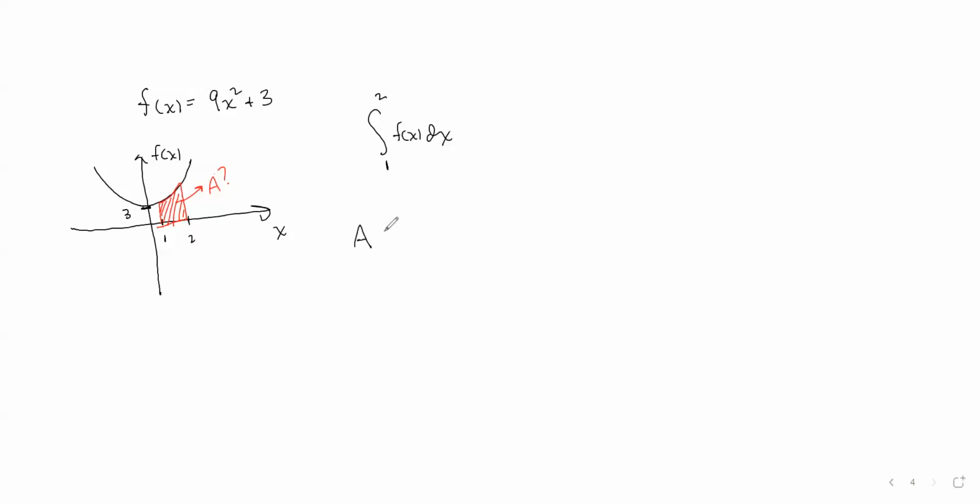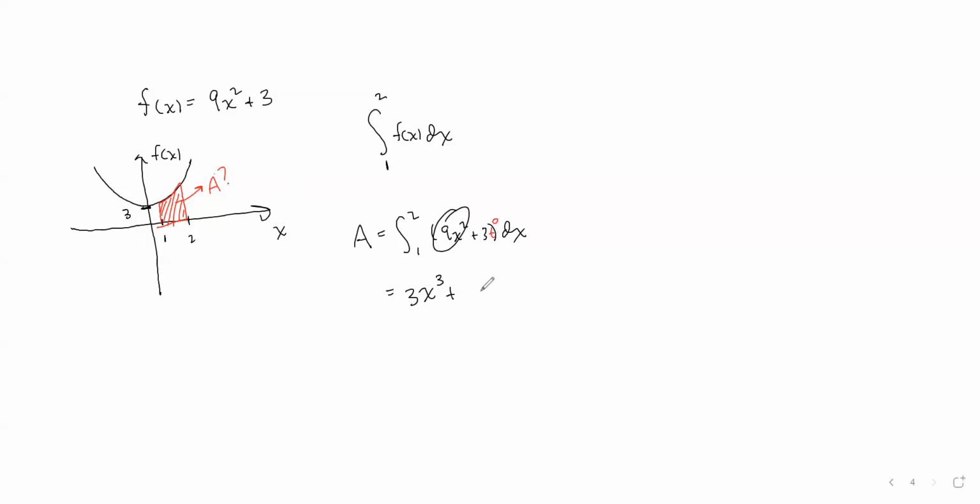Well, the area of that red shaded region is the integral from 1 to 2 of the function 9x squared plus 3 with respect to x. And now I can apply the reverse power rule. This is 9x squared. I should promote the power to x cubed and divide the coefficient by the new power. 9 divided by the new power of 3 is 3, plus this 3 is really 3x to the 0.